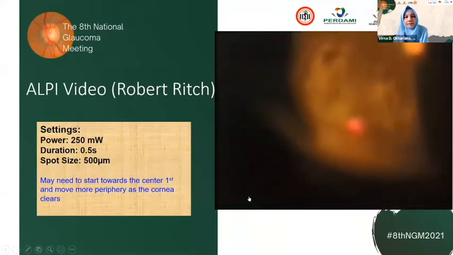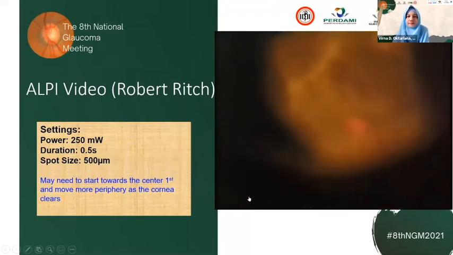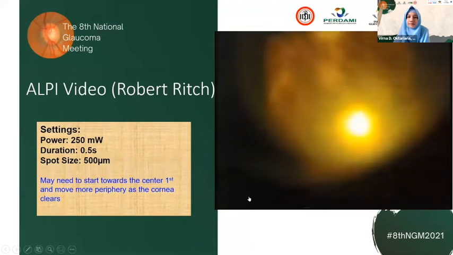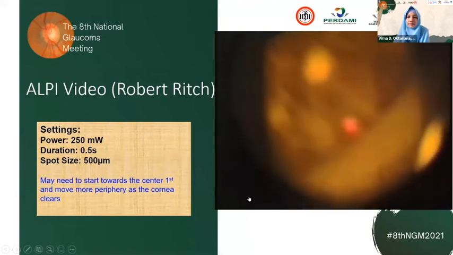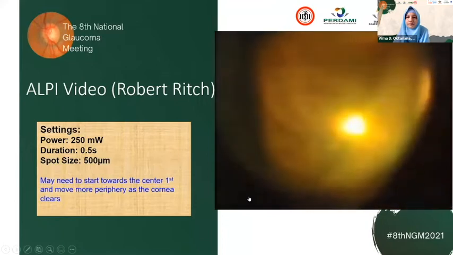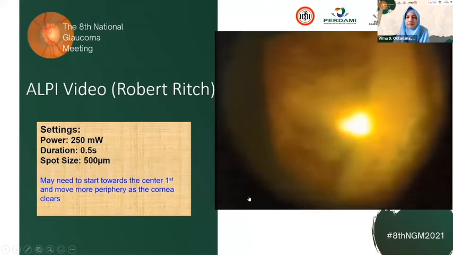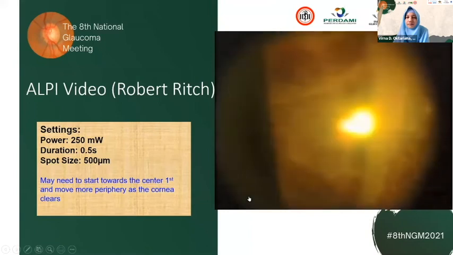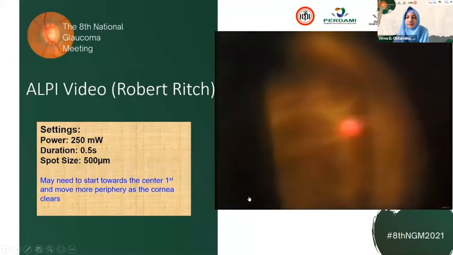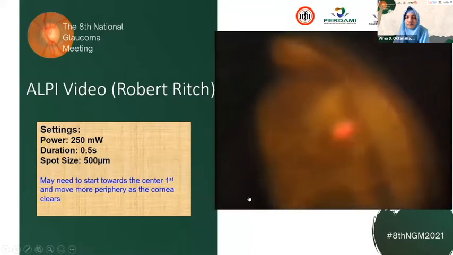Laser iridoplasty is to cause contraction burns of the iris so that it can pull away the iris from the angle. As you can see, the spot size here is a large spot size, 500 to 1000 microns, long duration of 0.5 second, and start with low power such as 250 milliwatts.